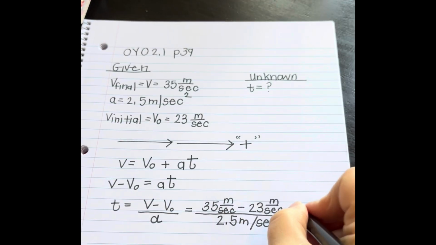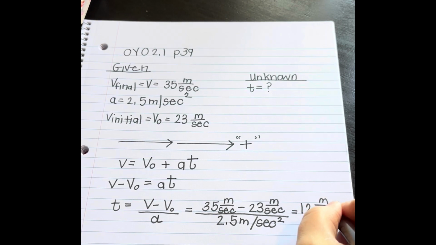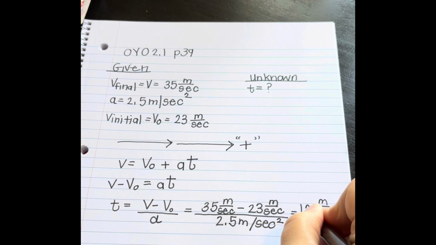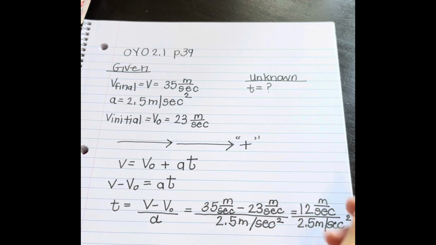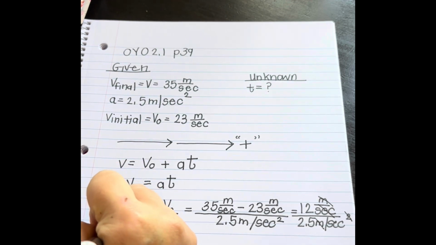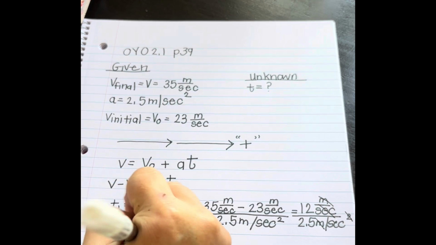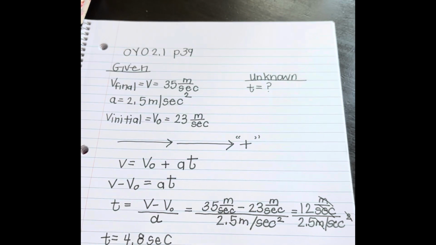All right, so when we do the math, we have 12 meters per second over 2.5 meters per second squared. The meters cancel out and one of the seconds cancels out, so we're only left with seconds. And considering we were asked to figure out time, it makes sense that we're left with seconds. So T equals 4.8 seconds. The policeman needs 4.8 seconds to match the velocity of the speeder.